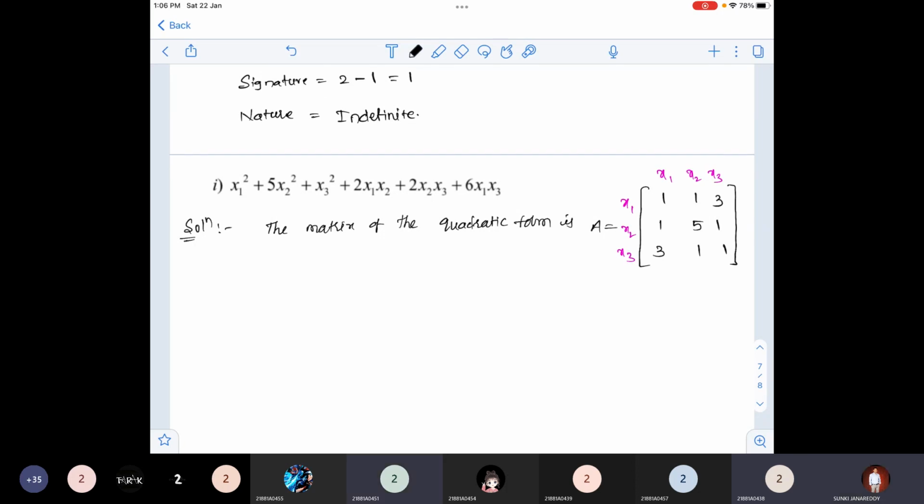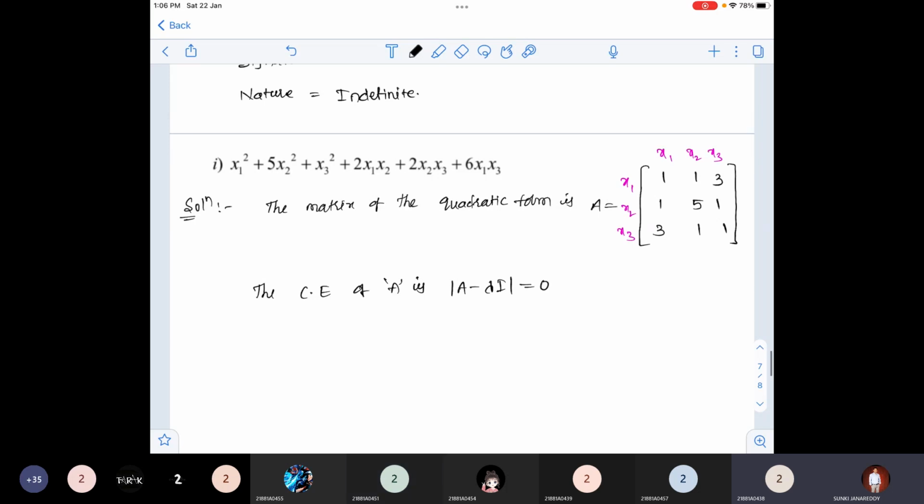Next, after we get the matrix, we should find the characteristic equation. Now write down the characteristic equation of capital A: determinant of A minus lambda I is equal to 0.